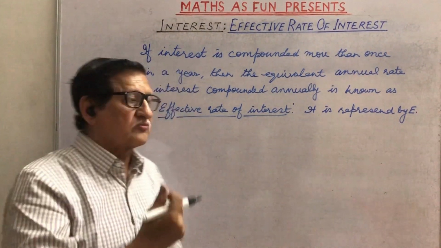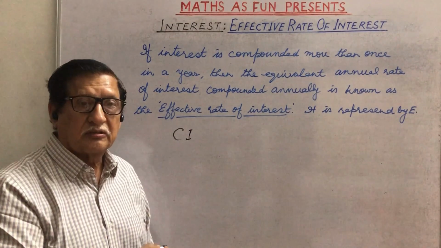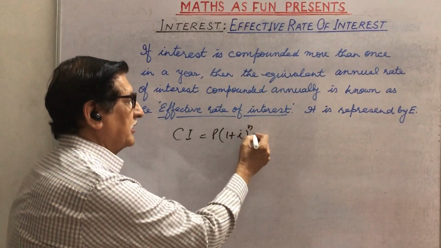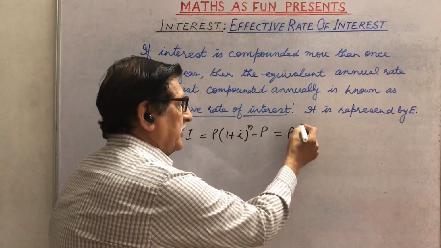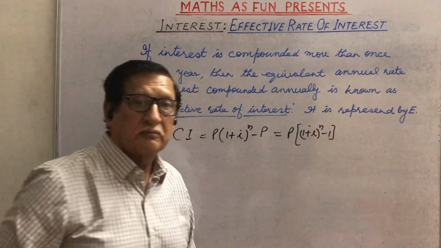To calculate this, what do we do? We know that we can find the compound interest by the formula P into (1 plus i) power n minus P. Or we say it is P into ((1 plus i) power n minus 1).